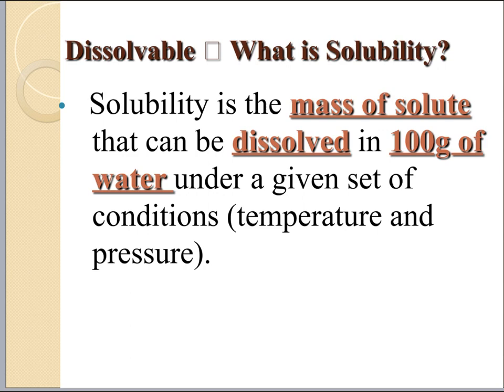Solubility is the mass of a solute that can be dissolved in 100 grams of water. Just remember it's 1 gram per milliliter, so this is 100 milliliters of water as well. This is under a given set of conditions, temperature and pressure. These right here are super important. Make sure you get this. The temperature and the pressure are what is going to determine solubility.